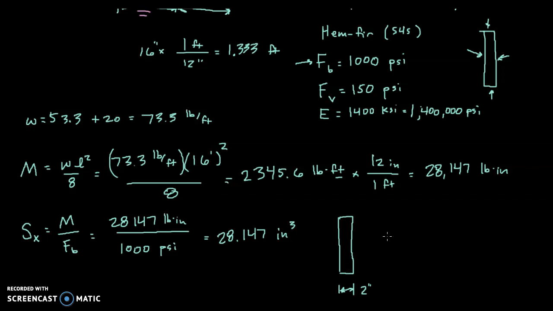If we go to Appendix E to look at the properties of structural timber, and we look at the category of 2x, starting with a 2x4, going all the way up to a 2x18, and we look at that last column on the right for section modulus, it looks like a 2x12 will provide us a section modulus of 31.6, which of course is greater than 28.147. So it looks like this will be good for stress.